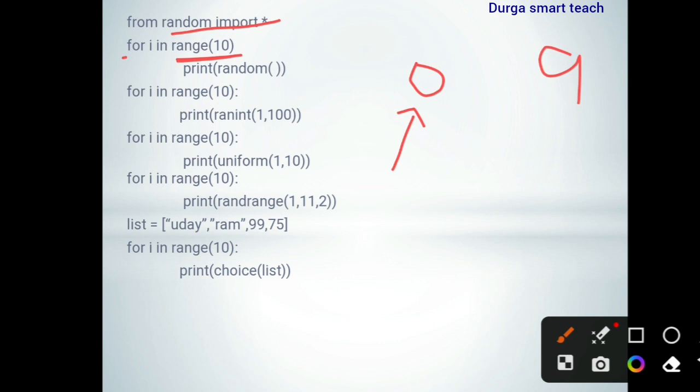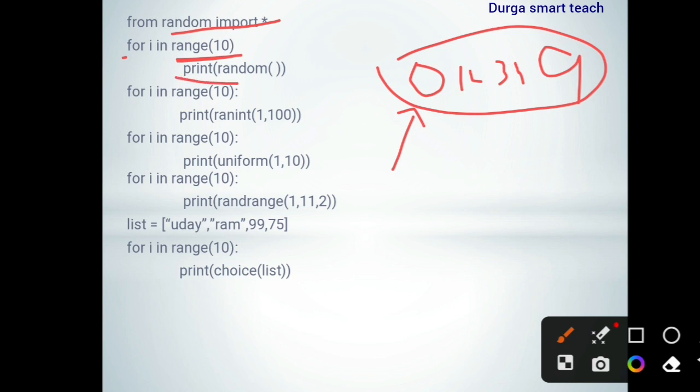Yes: 1, 2, 3, 4, 5, 6, 7, 8, 9, up to 9. So for that it will print random.random(). The random function is used to generate one random value between 0 and 1. For example, it will generate 0.4.